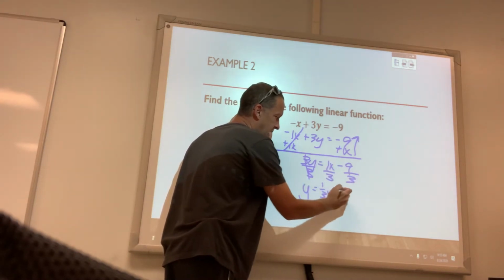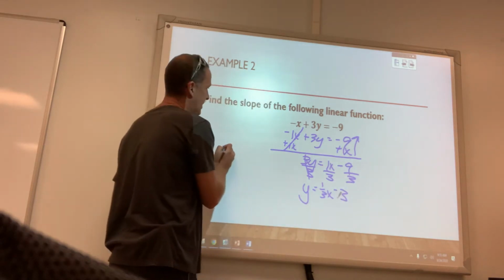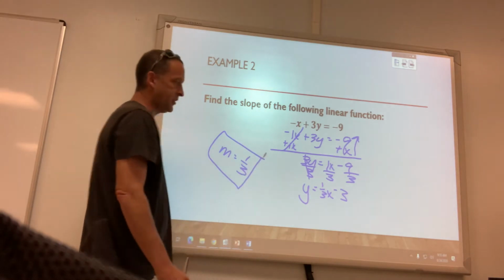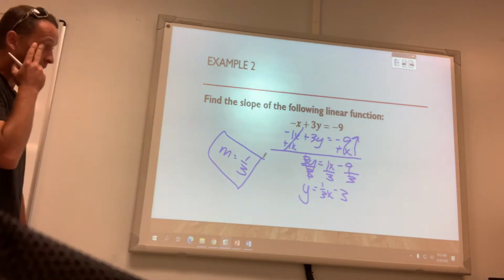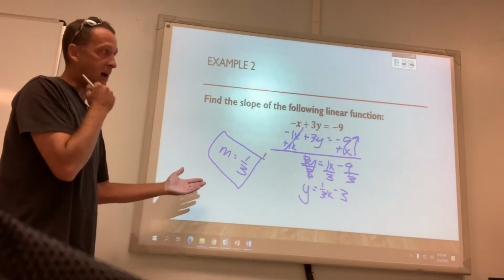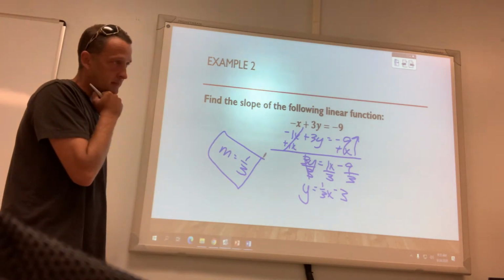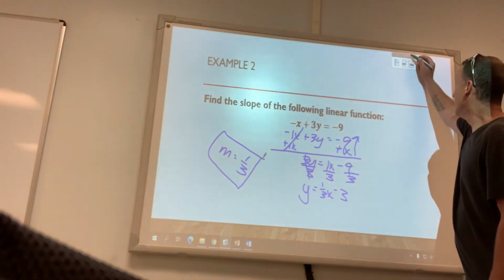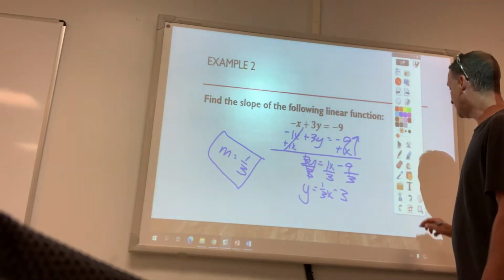Then do -9 divided by 3. So my slope is 1/3. All you're doing is just using the properties of addition and subtraction, doing the opposite to get the y by itself. Again, there's a shortcut, which I will let you guys know. So you can look at it and do it in your head.